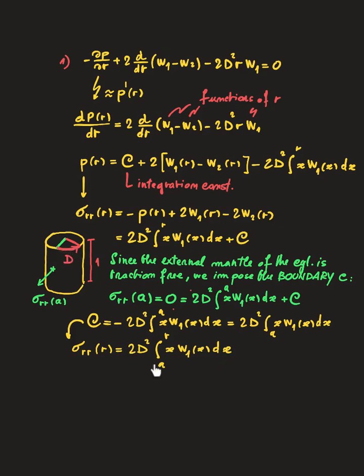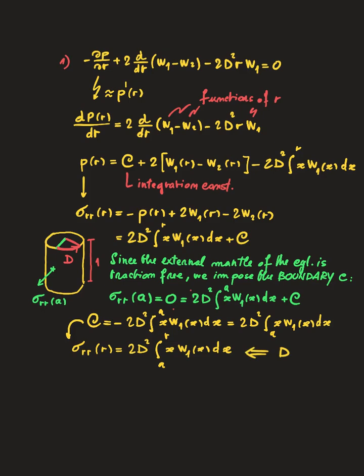So you see in this expression, W1 only depends on R, and on D, so you can integrate this. D is prescribed, and from this expression, given D, you can compute sigma RR, okay? So you see this expression can be used to compute, from D given, which is the twist of the cylinder, the tension.